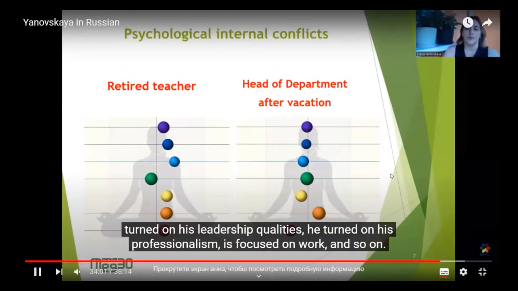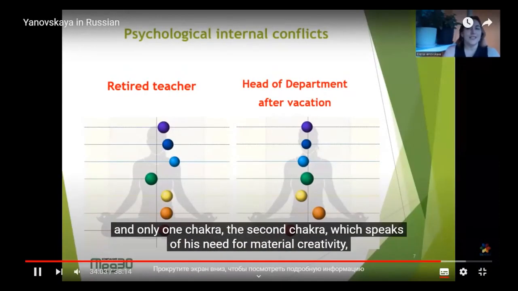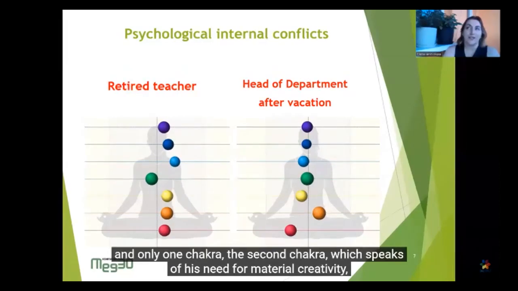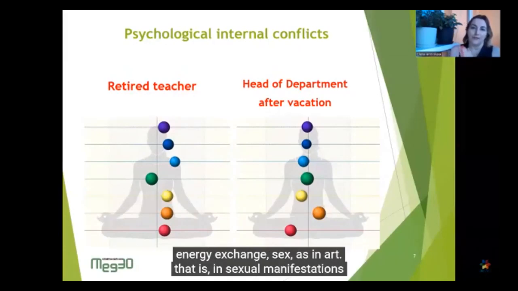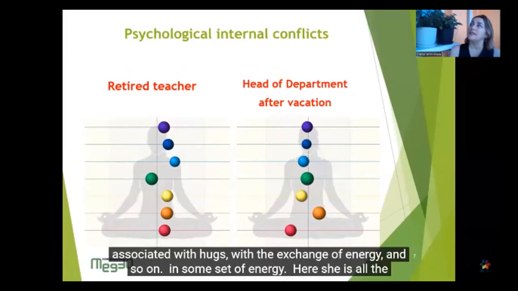He is focused on work, and only one chakra, the second one, speaks about the need for material creativity, some energy exchange, like as an art, as energy exchange on a sexual level, associated with hugs, as exchange of energy, etc.